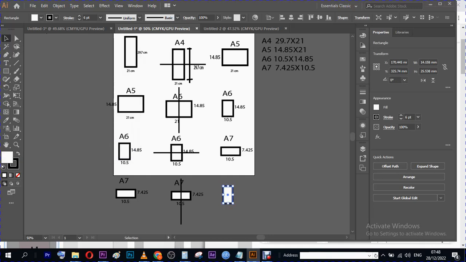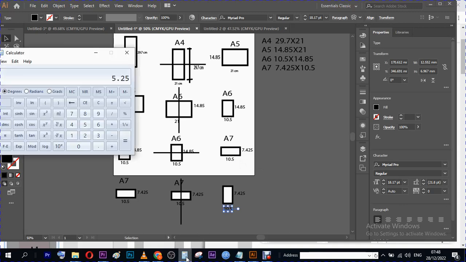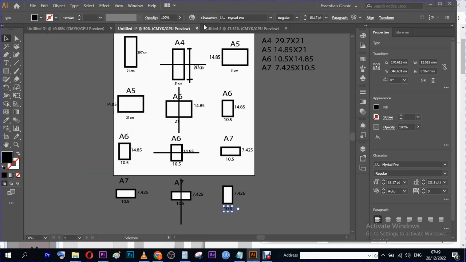We come back here, so we are going to be retaining this, then we divide this. Sorry. So this has been divided, and when we divided the 10.5, we got 5.25.